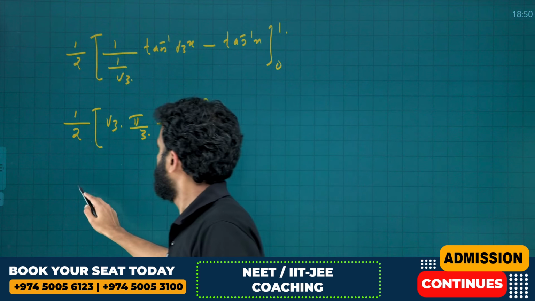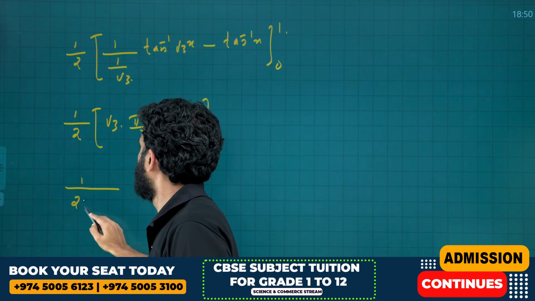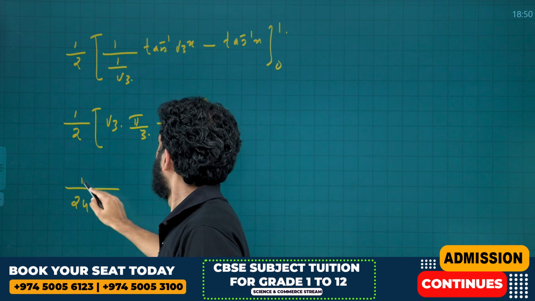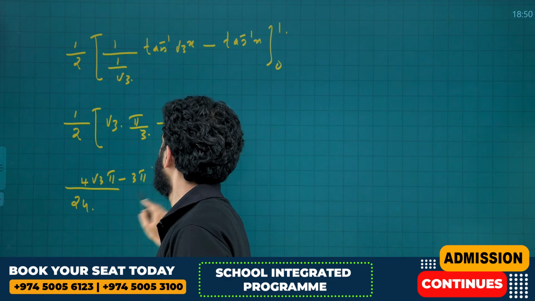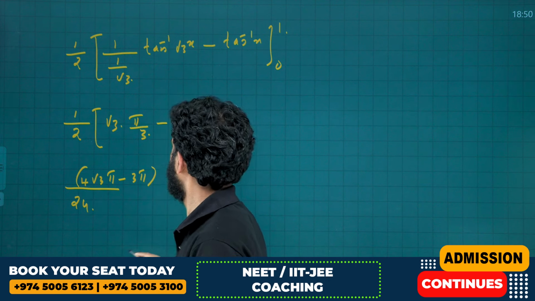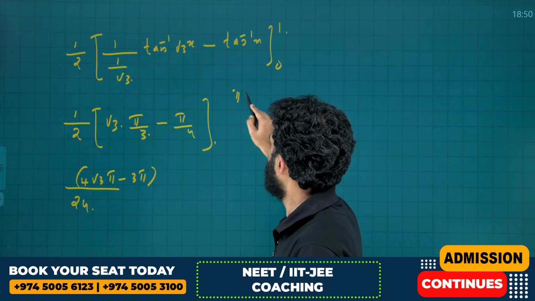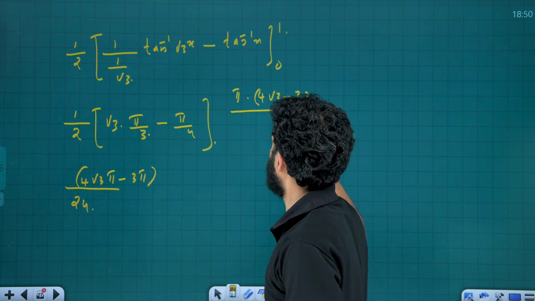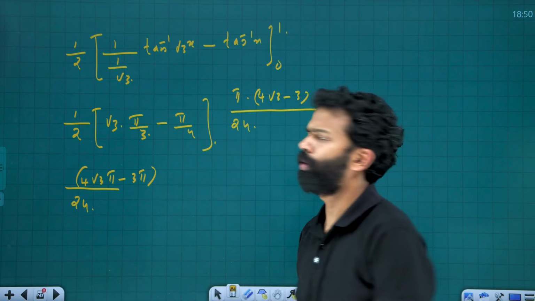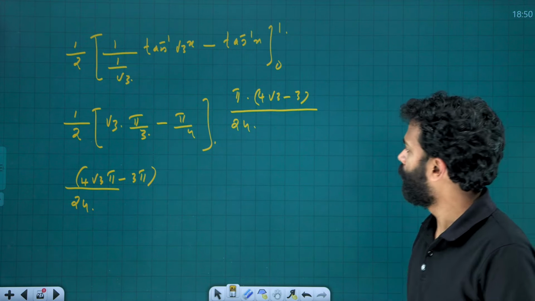If you cross multiply it, you will get 1 by 24 into 4 root 3 pi minus 3 pi. We can take pi outside. It will be pi into 4 root 3 minus 3 divided by 24. Okay, this is the final answer, hopefully.